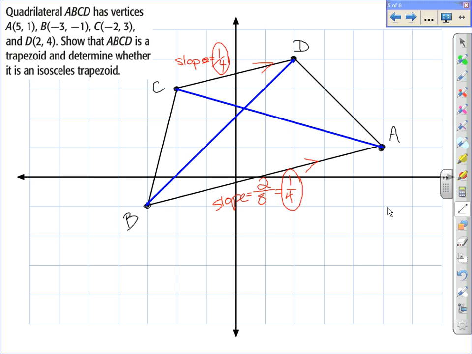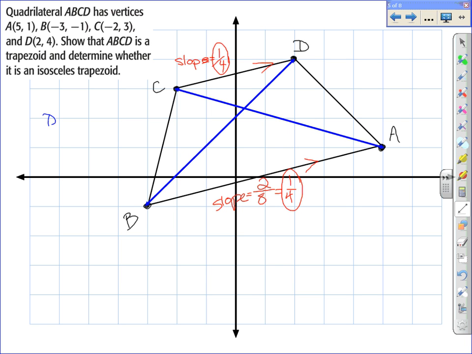I can count the slope of the line, so I can look at the rise and run and use those as the legs of my right triangle to calculate distance. So starting at B, to go from B to D, I go up 5 and right 5.